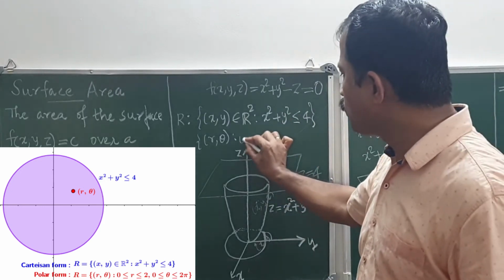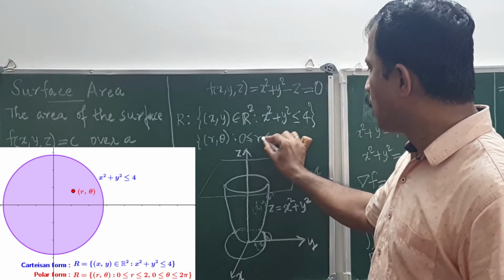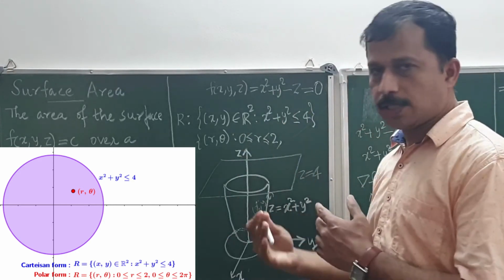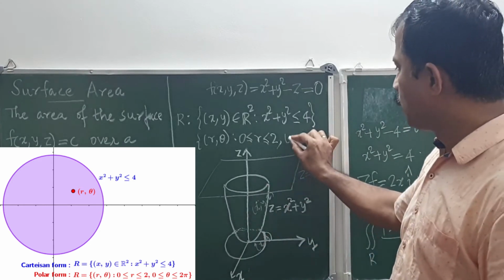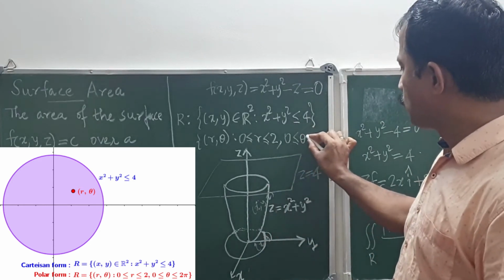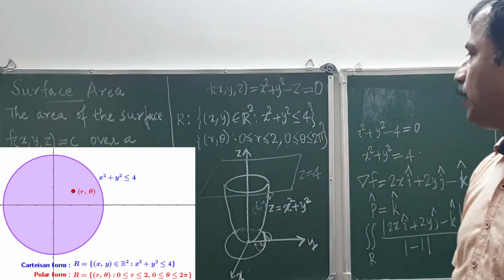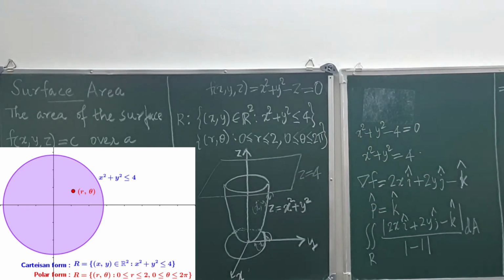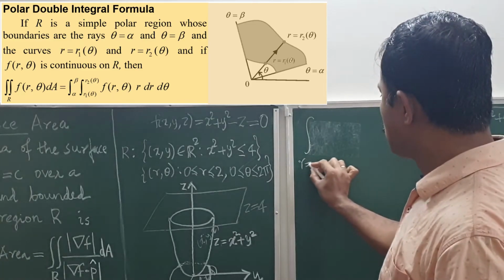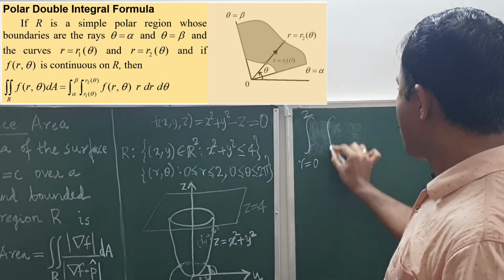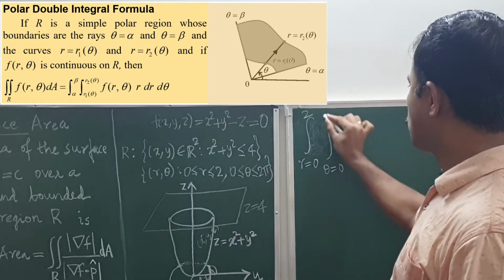So our r will vary from 0 to 2, and in order to get the full disk, our theta must vary from 0 to 2 pi. So this is the polar form. Here r goes from 0 to 2, theta goes from 0 to 2 pi.